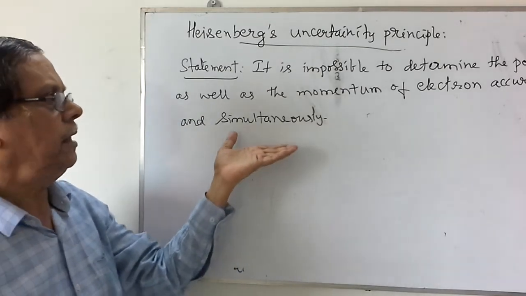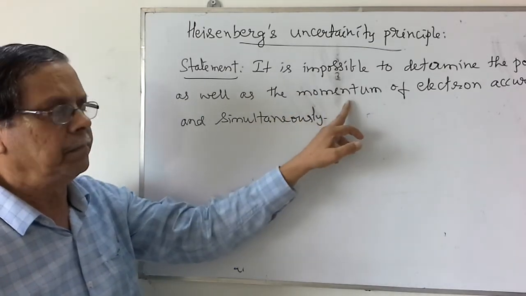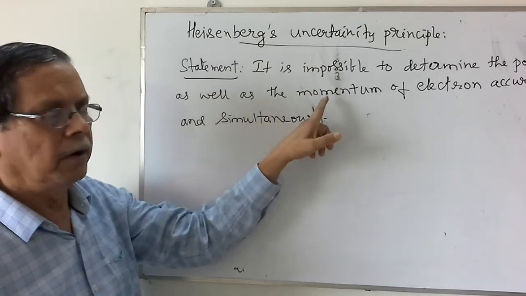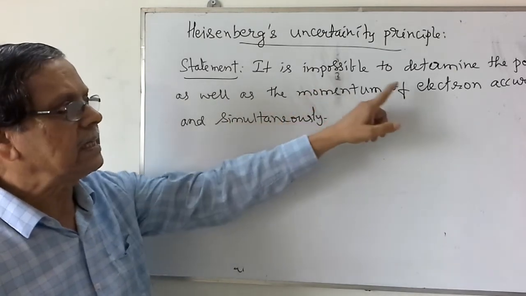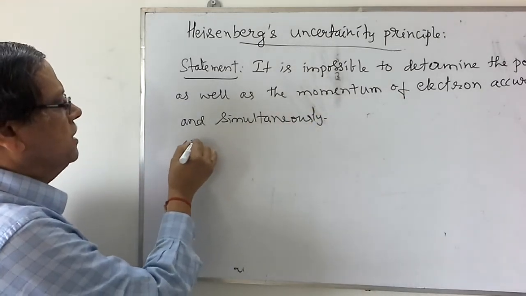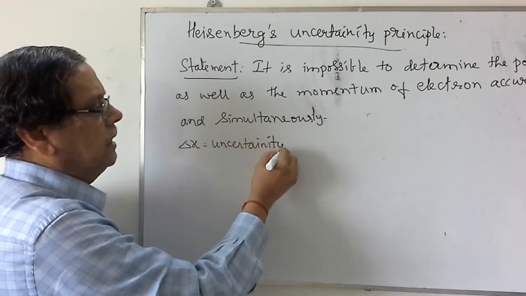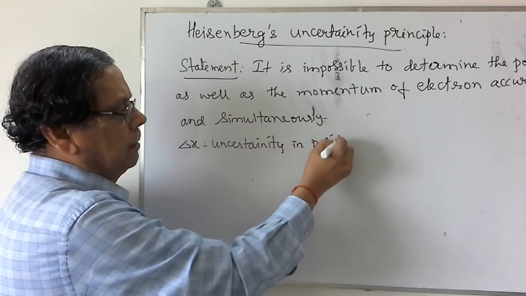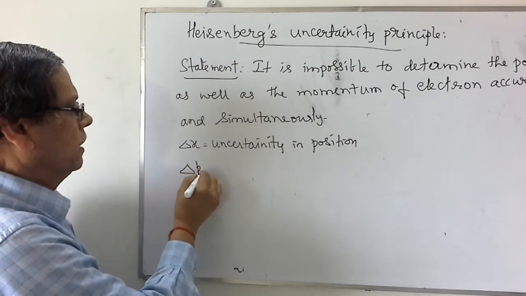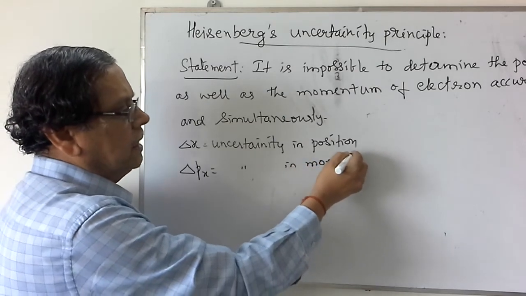So if you determine the position of the electron accurately, there will be uncertainty in the momentum. If you determine the momentum to a more accurate value, there will be uncertainty in the position. Assume that delta x is the uncertainty in position along the x-axis, and delta p is the uncertainty in momentum.